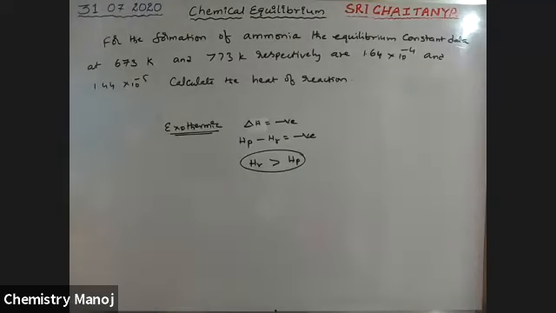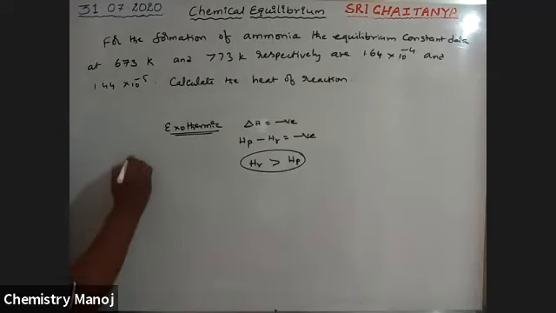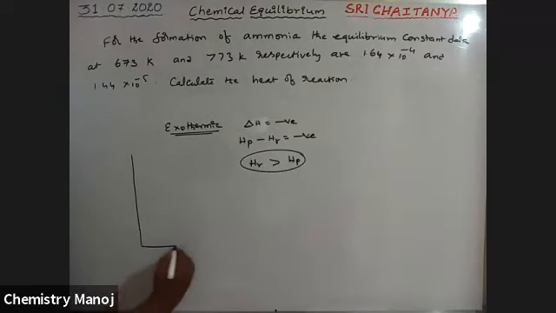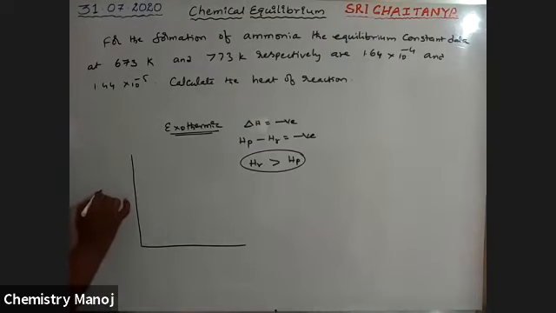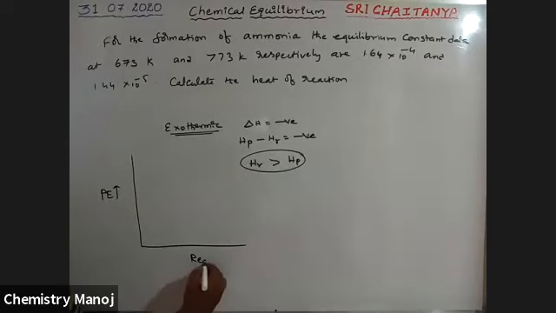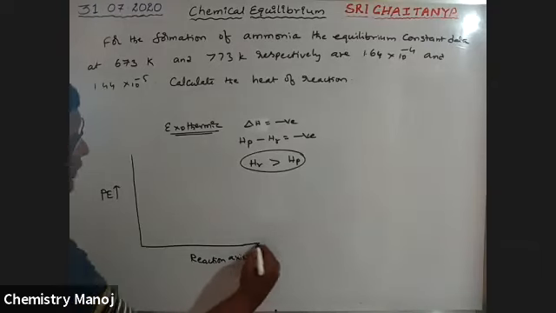So I am drawing a graph with respect to this. This is the potential energy of the reaction, nothing but enthalpy, generally considered. It is the reaction axis, that means from left to right the reaction is going on.